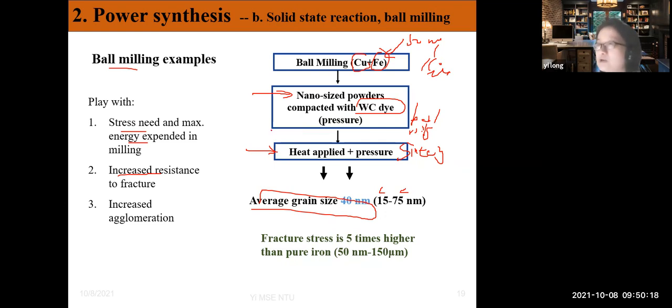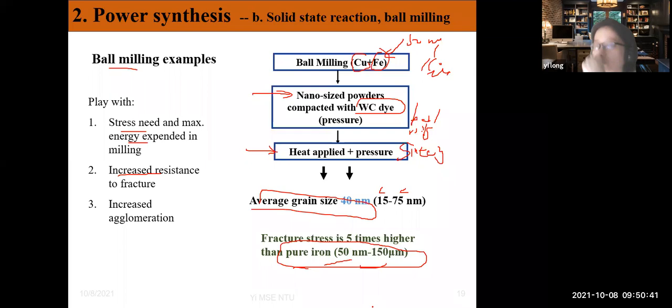Okay, so you start with something like iron that has a very, very large particle size, and very large variations of particle size. Not only is a particle size like 150 micron huge, but also there's a very large size distribution from 50 nanometer to 150 microns, which means it's very non-uniform.